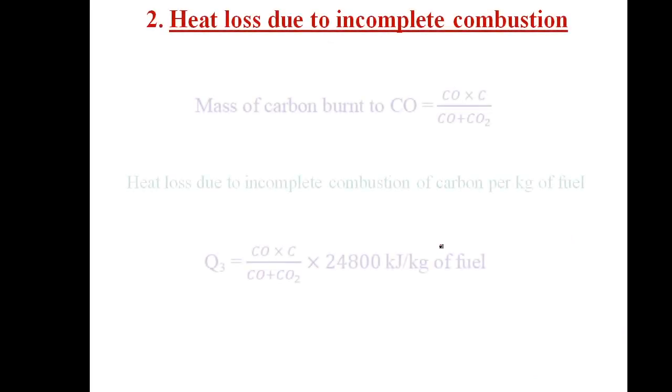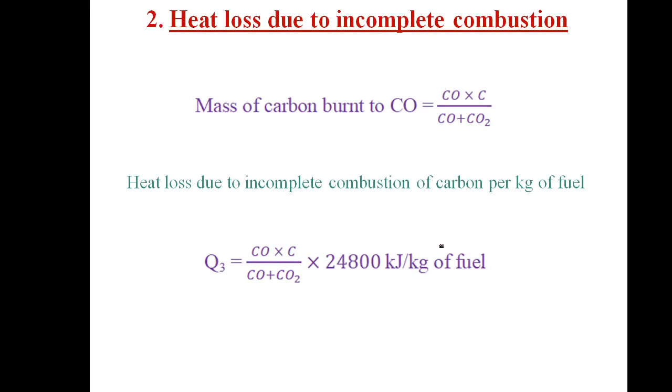So coming to the next, how do we find the amount of heat loss due to incomplete combustion? First we have to calculate the mass of carbon burned to carbon monoxide. In 1 kg of coal we have seen 0.85 kg of carbon, and this 0.85 kg of carbon is not going to burn completely.